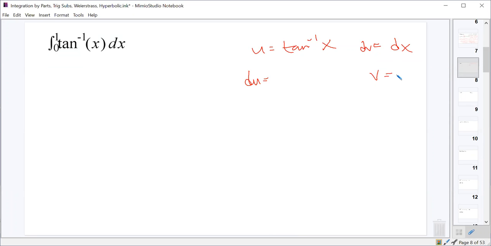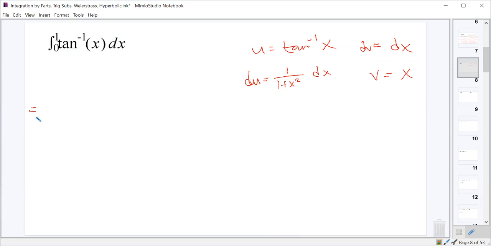Okay. So if dv is dx, what is v? X. That's right, Max. And what's our du going to be? It should be 1 over 1 plus x squared dx. Okay.